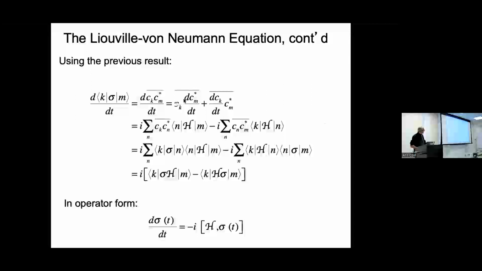So here's the derivative. I don't know why I did it in this order. Here's the derivative of the second term plus the derivative of the first term. So just applying the chain rule of calculus and on.